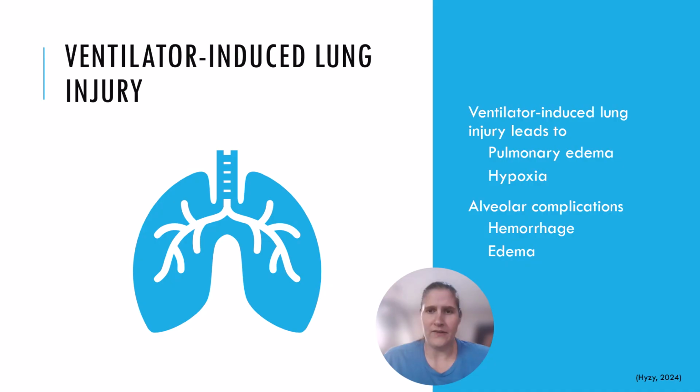Ventilator-induced lung injury can also result in hypoxia, pulmonary edema, barotrauma, multi-organ dysfunction, and a higher risk of mortality. Additionally, hypoxia may arise during mechanical ventilation due to bronchospasms, which can lead to arrhythmias, hypotension, cardiovascular collapse, hypercapnia, and death.